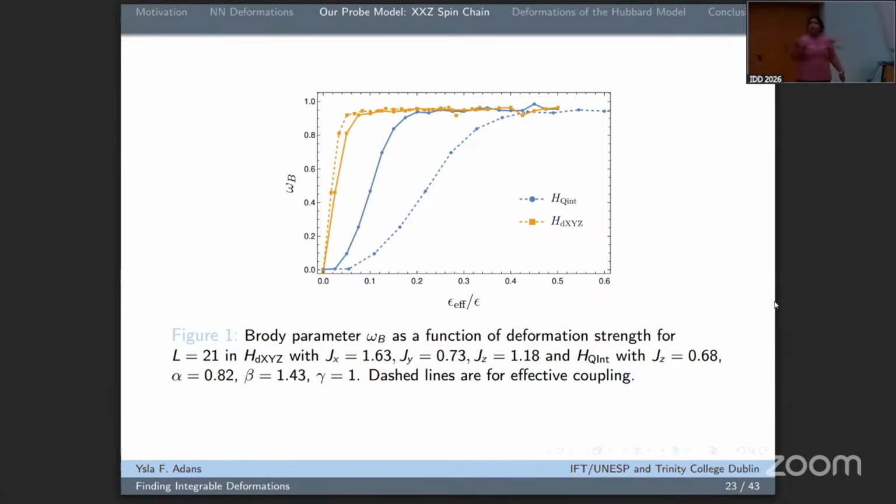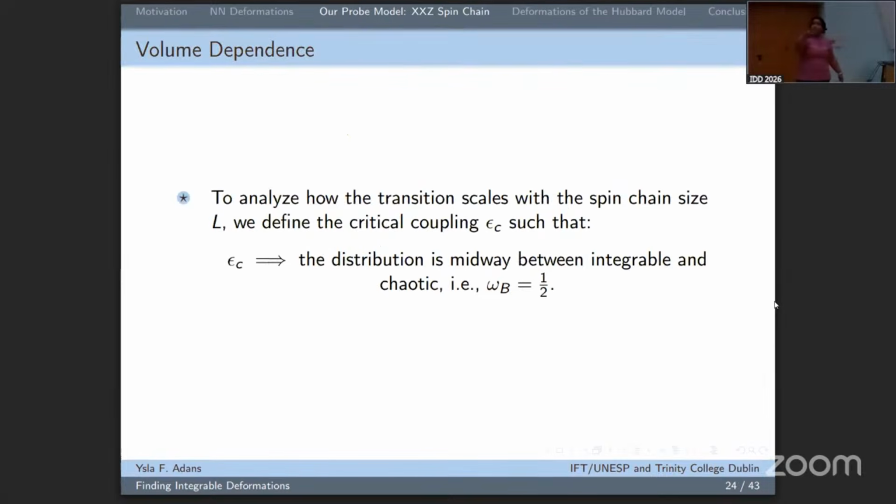Something you can also ask is what happens when I vary the length of my spin chain. To analyze how this scales with the spin chain size, we can define the critical coupling, the midway point between chaotic and integrable, where my models reach omega equals half.